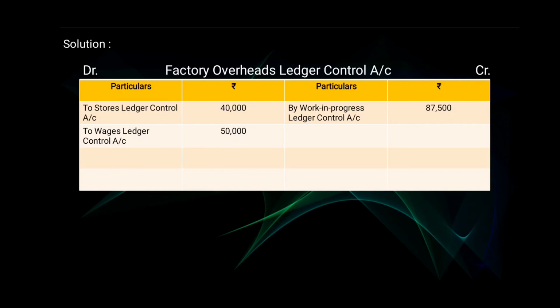Now in factory overhead ledger control account, let us take the total. So the total amount is coming as 90,000 on the debit and on the credit side, and the balancing figure which is coming on the credit side will be transferred by costing profit and loss account. So the amount is 2,500.